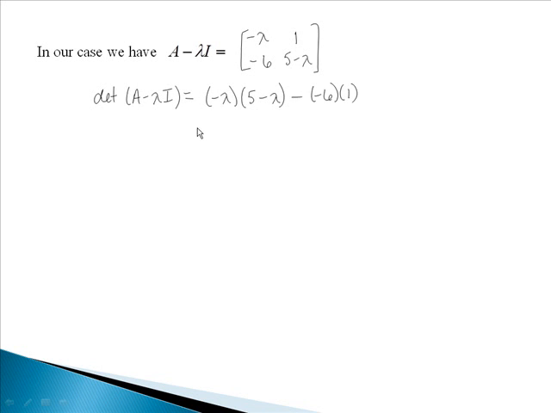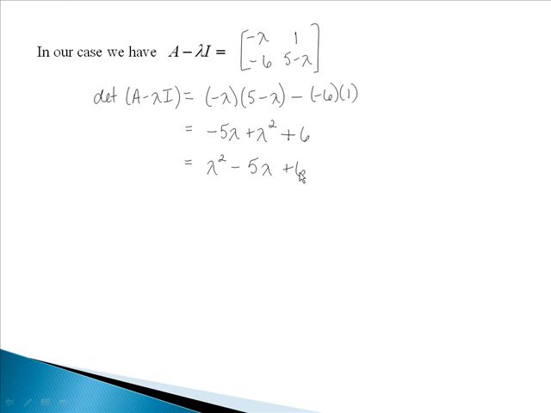So if I multiply here, then I'll get negative 5 lambda plus lambda squared minus a negative 6, which becomes plus 6. And I'm going to reorder this, so I'll have lambda squared minus 5 lambda plus 6.